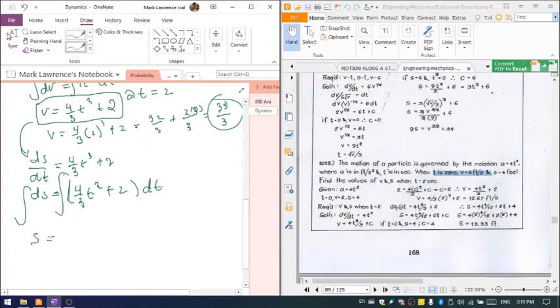S is equal to 4/3 times t to the fourth over 4, plus 2t, plus c.